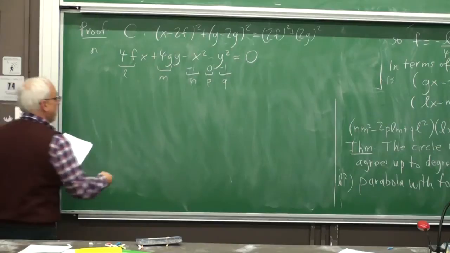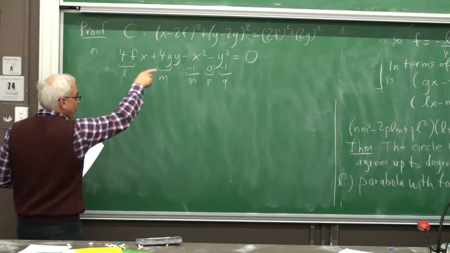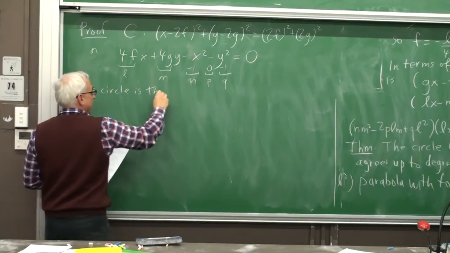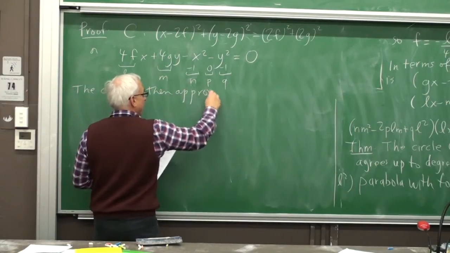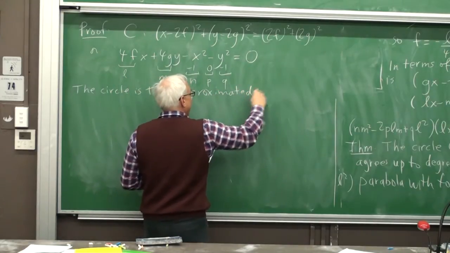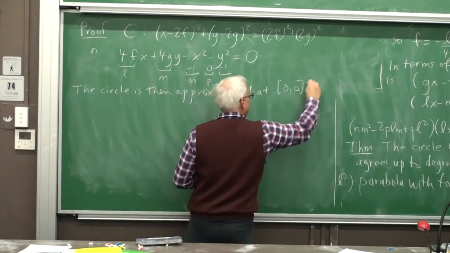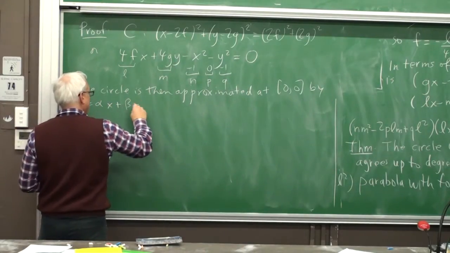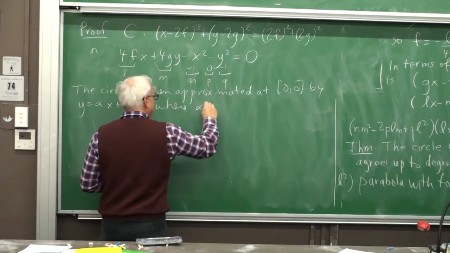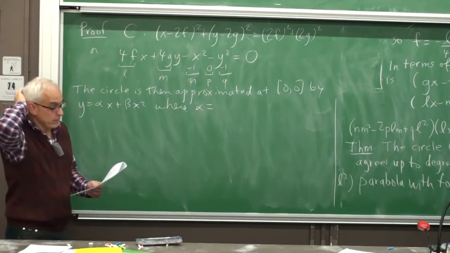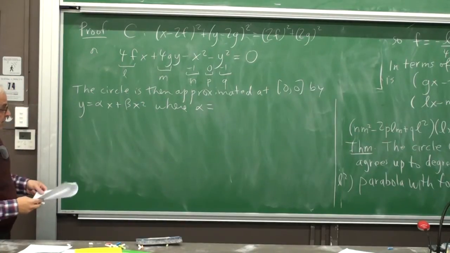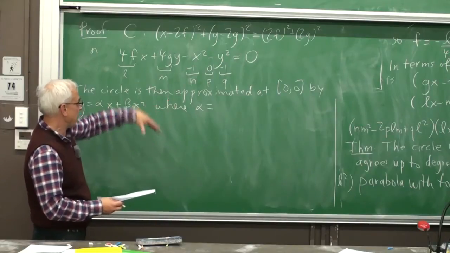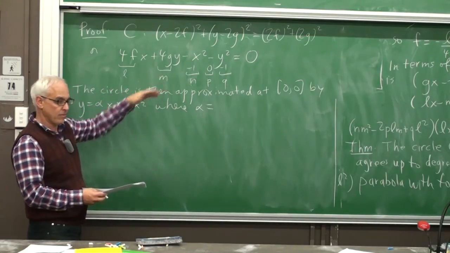So what are the corresponding alphas and betas for this circle? So the circle is then approximated at (0, 0) by y equals alpha x plus beta x squared, where the alphas and betas are just the same ones that we just computed for the general case, but with these specific values.